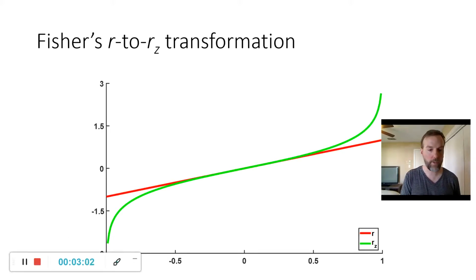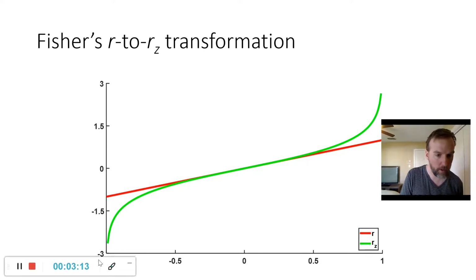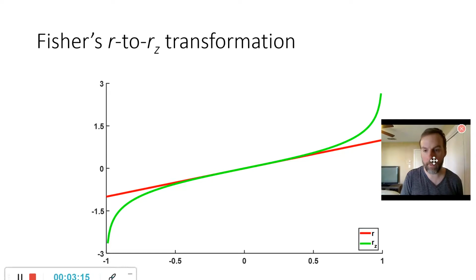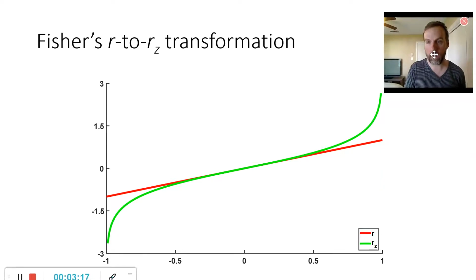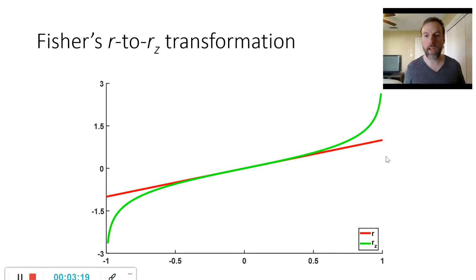So what does that transformation look like from r to r sub z? Let's just take a look at it here. Okay, so the red line, those are possible correlation coefficients, and recall that they range between -1 and 1.